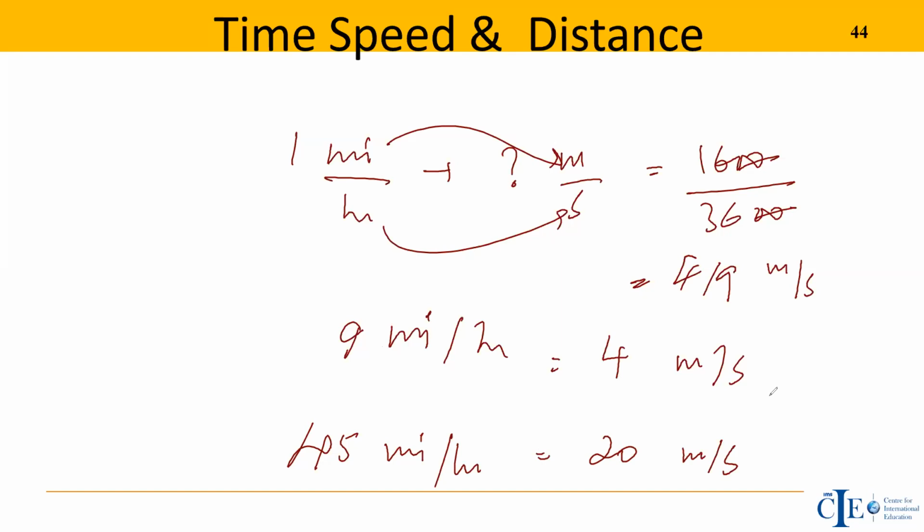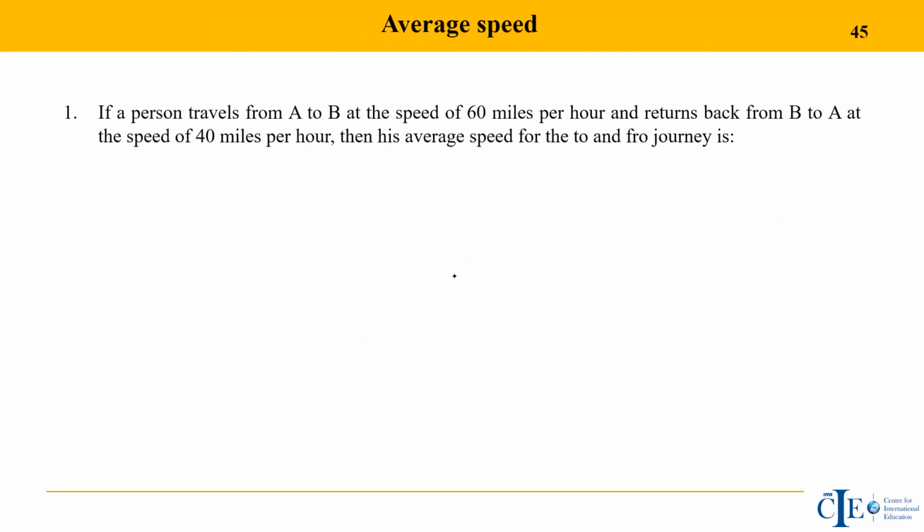So that's one thing you would see other than just the concept here on TSD, that they will ask you questions which also involve conversions of units, and hence be a little more careful on that. Now let's see the questions on the case of average speed. Try this out and then we'll discuss.